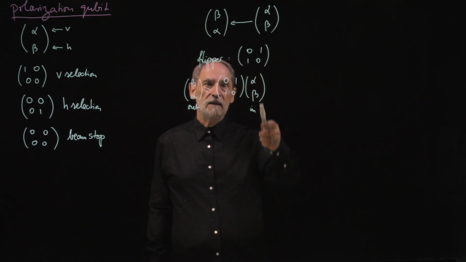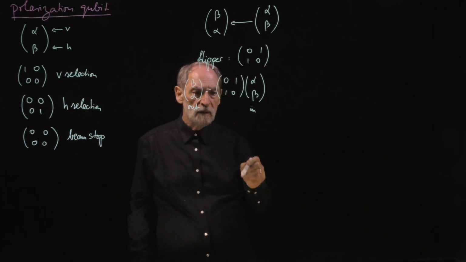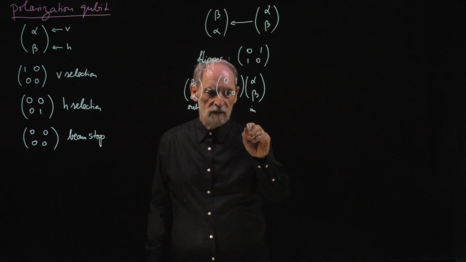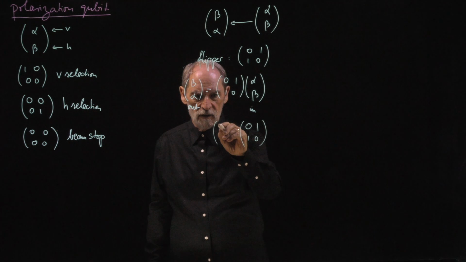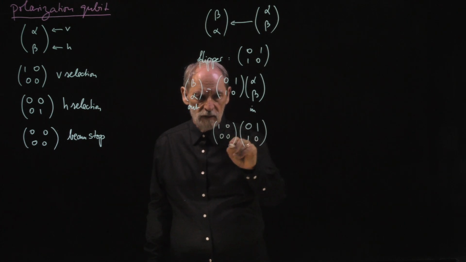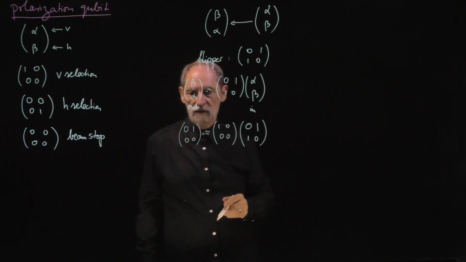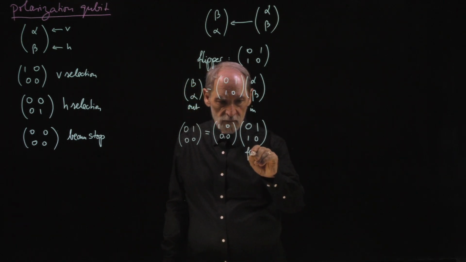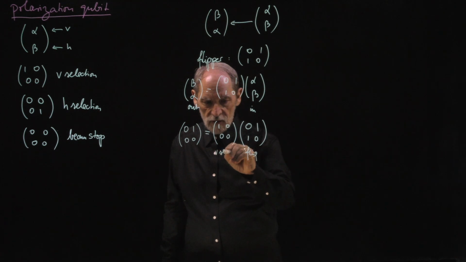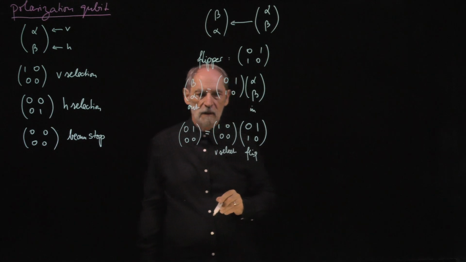Now we can combine the flipping operation with the V selection and the H selection, and let's just look at one such case. Let's do a flip first and then a V selection. And the 2 by 2 matrix that describes the overall operation is this matrix 0, 1, 0, 0. So this is flipping, and then V selection, and then this is the overall effect.